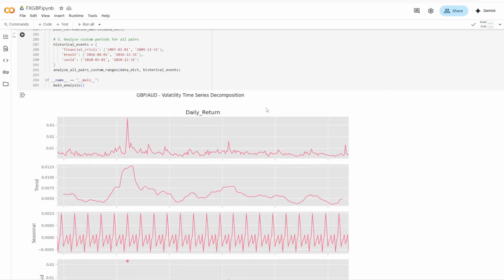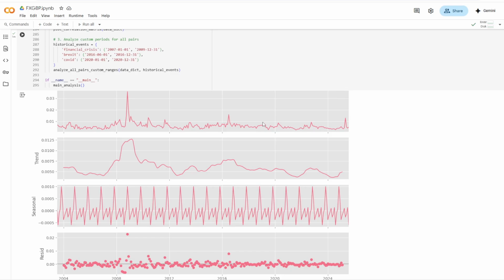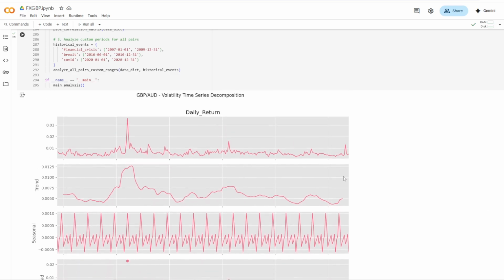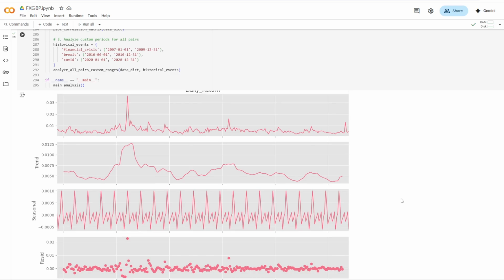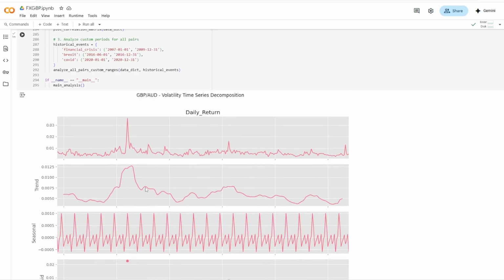And here we have the factors of the seasonal volatility. So we have the daily returns, and then we have a trend of daily returns. The trend of daily returns is between 0.5% up to 1.225%.